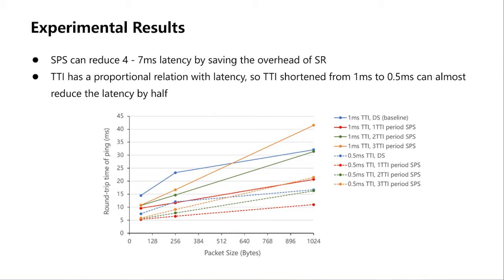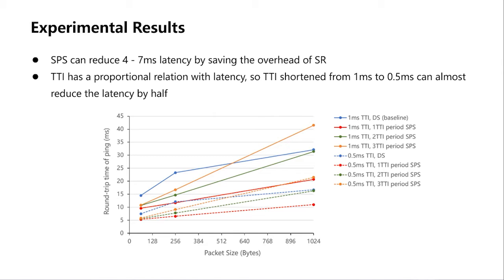So setting the uplink SPS period to 1 TTI would have the best latency performance because all the uplink data packets could be transmitted immediately, but at the cost of lower spectral efficiency and resource utilization. And the ping round-trip time of baseline dynamic scheduling is about 15 milliseconds when transmitting a 64 byte ping packet.